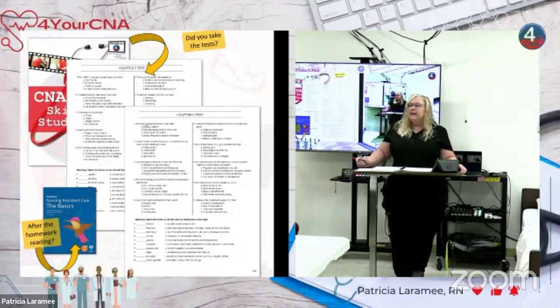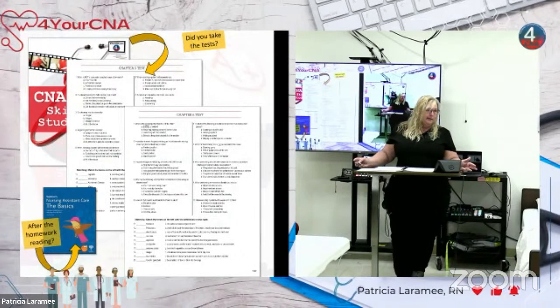The CNA can expect A, to turn and reposition this patient every 2 hours around the clock. B, the patient is going to be discharged to another facility at midnight. C, the patient is to have nothing to eat or drink after midnight. Or D, the patient is expected to die at midnight.